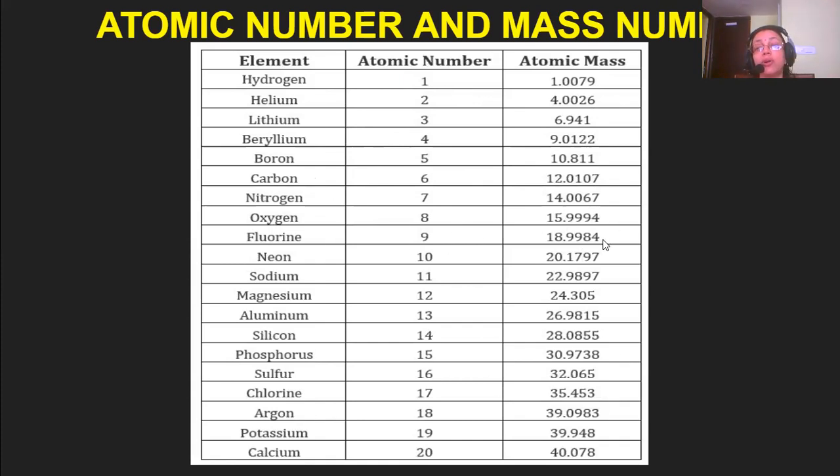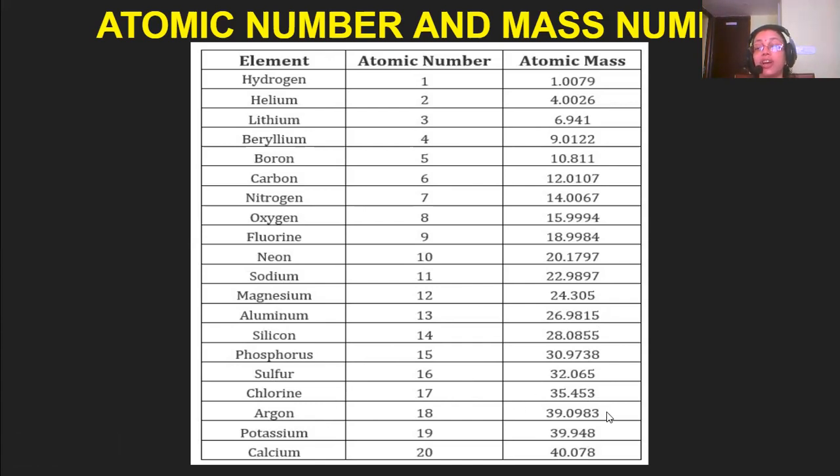Fluorine 9, 18.9984. Neon 10, 20.1797. Sodium 11, 22.9897. Magnesium 12, 24.305. Aluminium 13, 26.9815. Silicon 14, 28.0855. Phosphorus 15, 30.9738. Sulfur 16, 32.065.